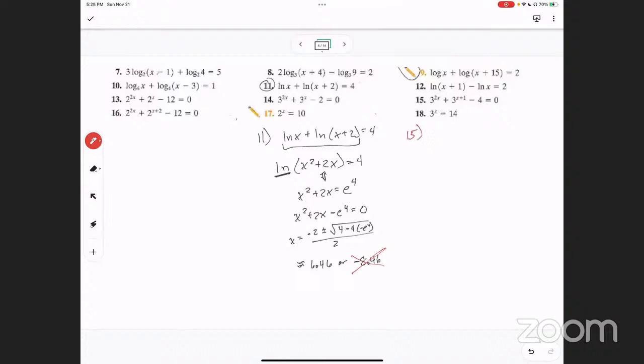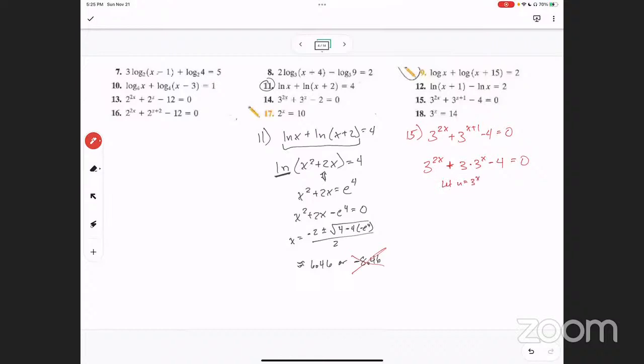Okay, so 15 says 3 to the 2x plus 3 to the x plus 1 minus 4 equals 0. Kind of tricky. So here's what you're going to do for this one. You're going to rewrite this as (3 to the x) squared plus 3 times 3 to the x minus 4 equals 0. And that way you can let u equal 3 to the x.